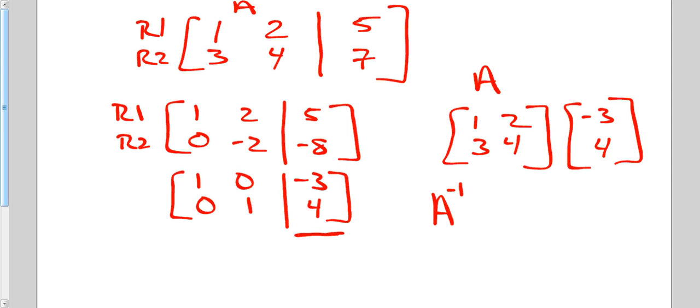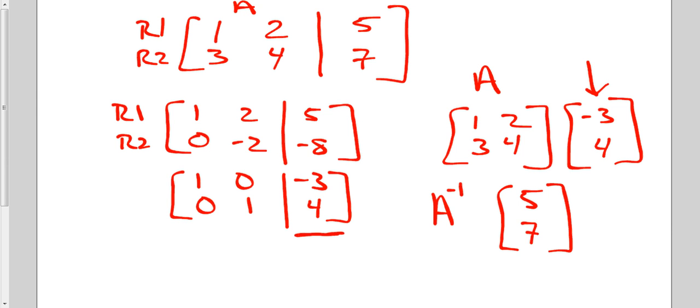So if I take A to the negative 1 and multiply it by 5, 7, what should I get? Yeah, I'll get this. It's going to undo what A does.